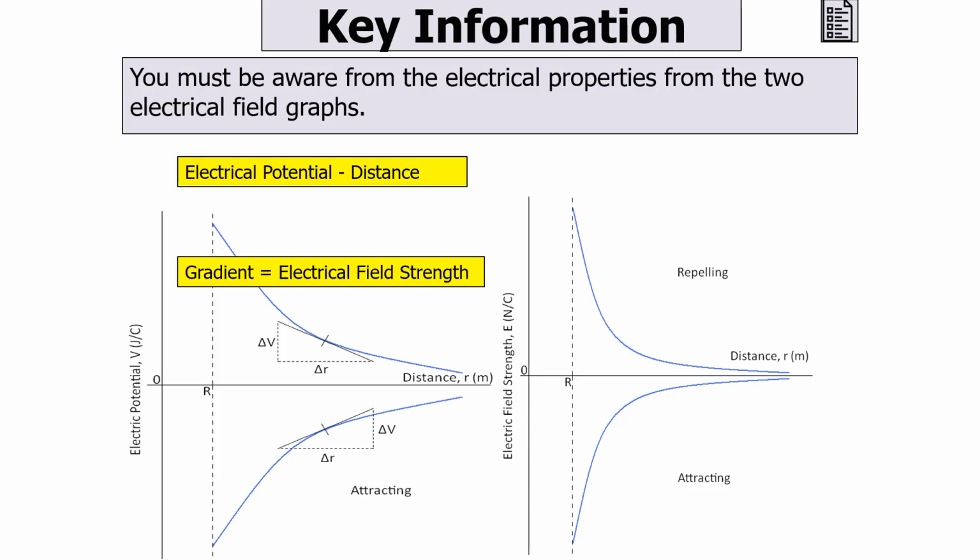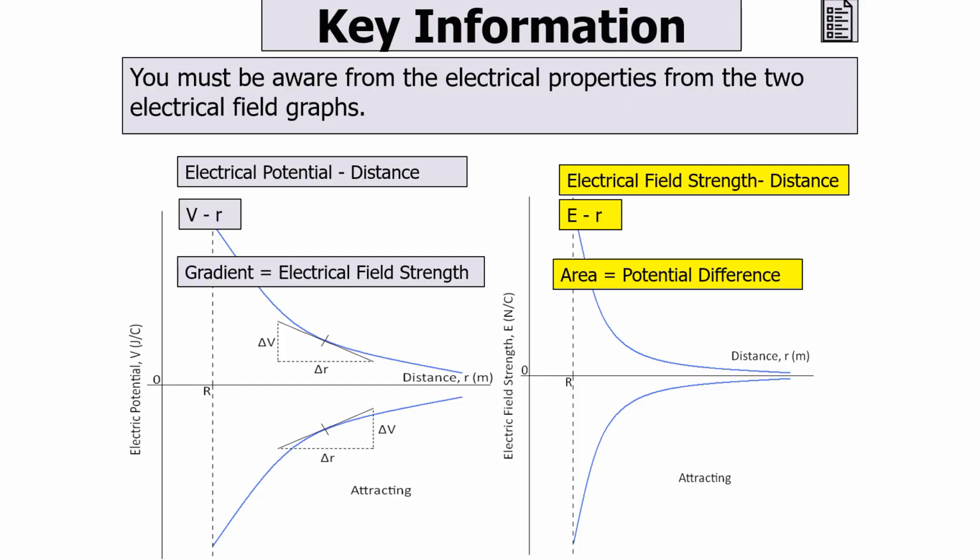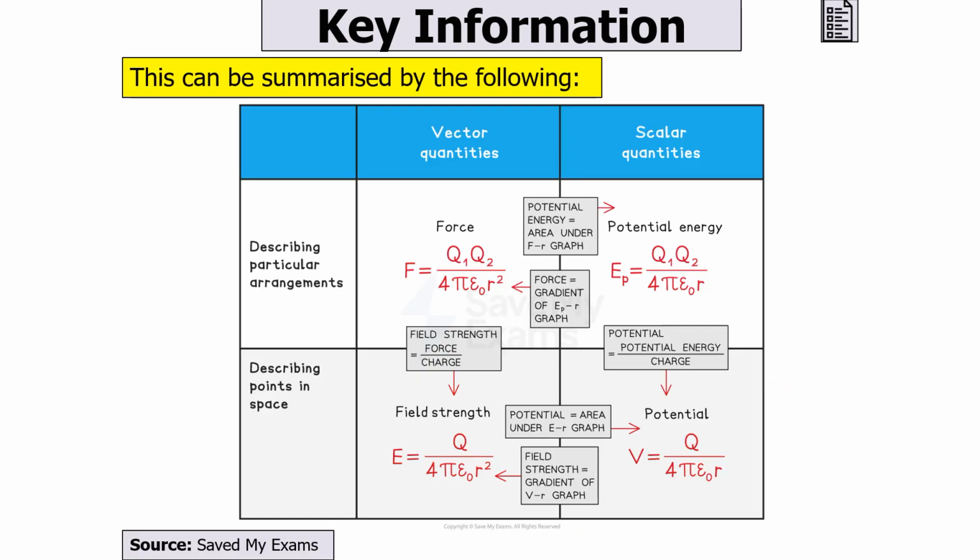So in our electrical potential against distance graph, V against R, we can say our gradient is the electrical field strength. Whilst the electrical field strength against distance graph, E against R, the area is the potential difference. So this can be summarized in the following table, that we can see that the force is equal to Q1 Q2 over 4 pi epsilon 0 R squared.